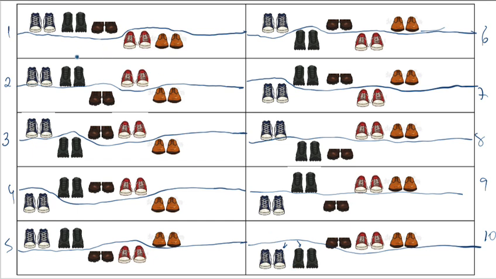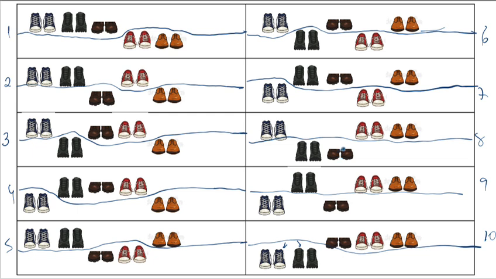Okay, so here I listed every possibility. I started with the last one and the fourth, the last and the third, the last and the second, the last and the first. Then let's go to the red. The red already went together with the last, so red with the third, red with the second, red with the first.